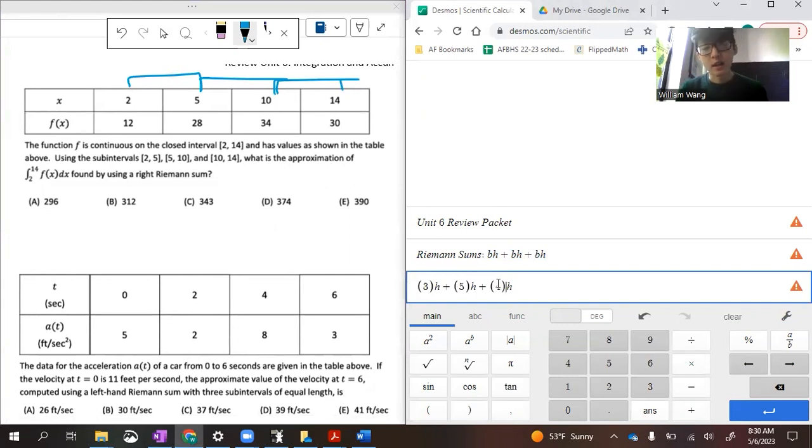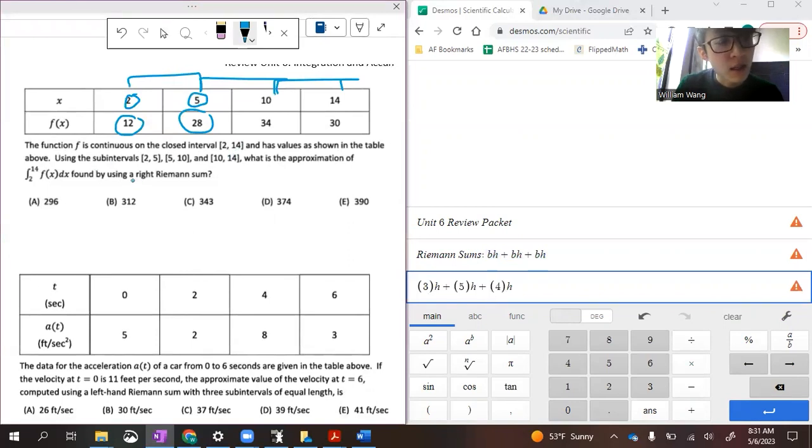All right, now the question is on the heights. And the heights can be a little bit tricky. Here we have to look at specifically what sort of Riemann sum we're asked for, because from 2 to 5, I have 2 heights: at 2, my y value is 12, and at 5, my y value is 28. So which one do I use for my height?